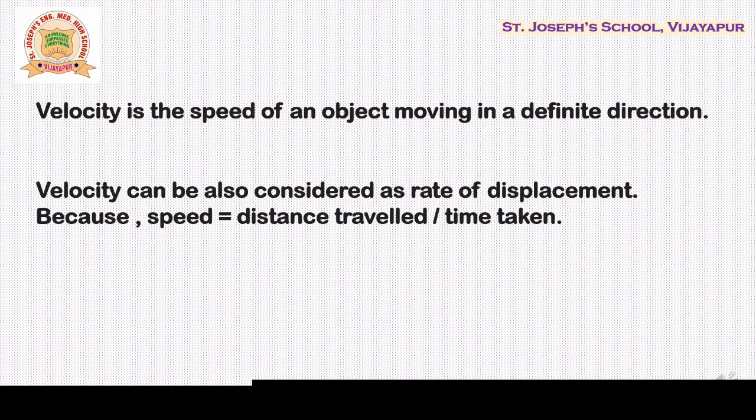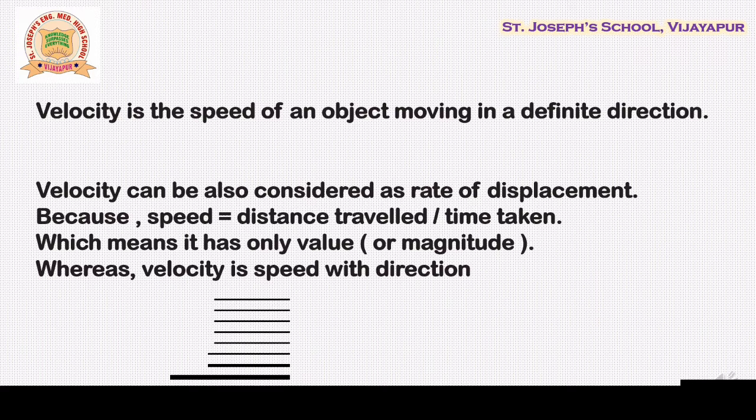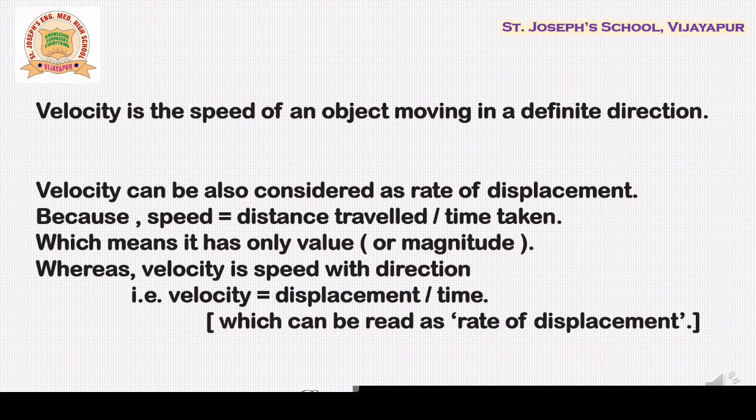So we can say speed is equal to distance traveled by time taken, which means it has only one thing, that is value or magnitude, whereas velocity is speed with direction. So just have a look at these connections here. I'll highlight. We say speed is equal to distance traveled by time taken. What is velocity? It is speed with direction, meaning distance traveled with direction divided by time taken.